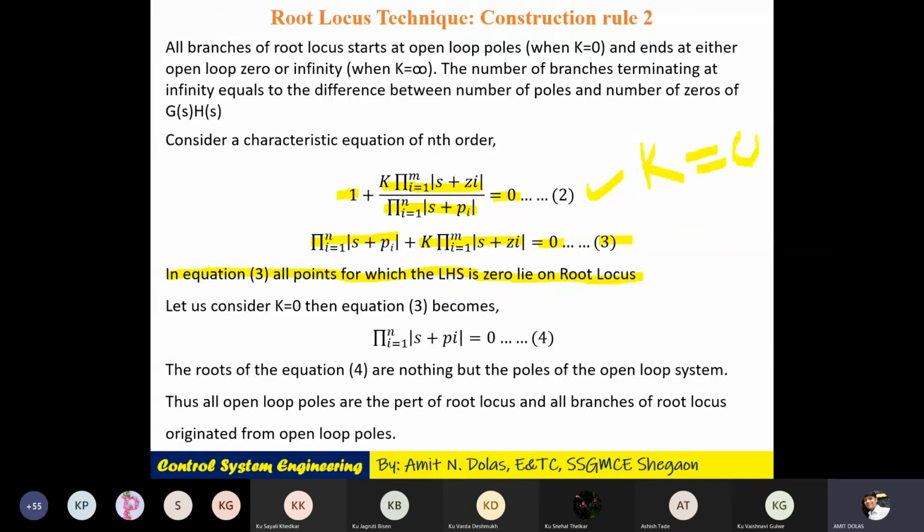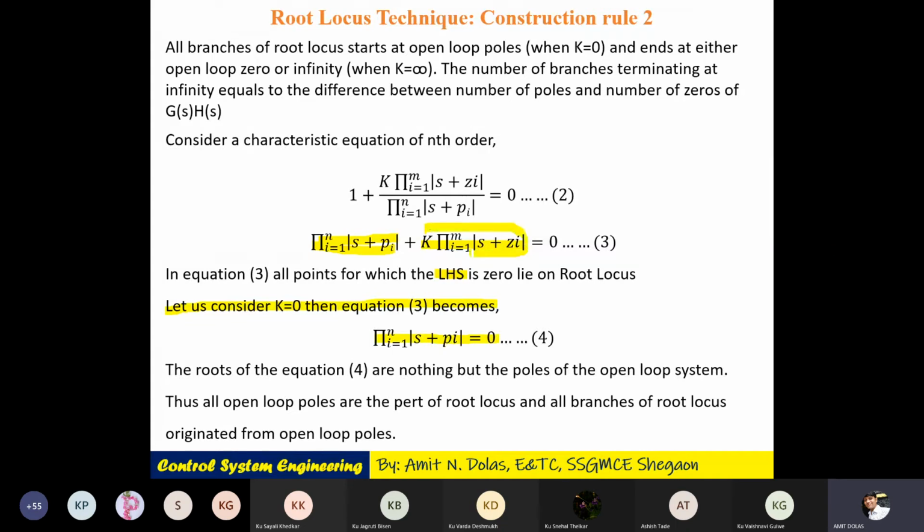is equal to 0. Then what happened to this term? This term becomes 0. For the value of k equal to 0, this term becomes 0 and all the poles will be located on the left hand side of the s-plane. Let us consider k is equal to 0 in equation number 3. Then the equation becomes the product of all poles is equal to 0.